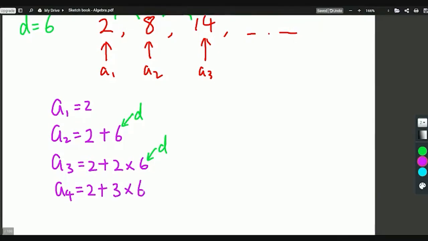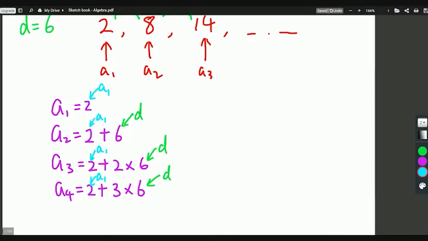Again, this 6 is also the common difference here. So what we are doing is adding the common difference to the first term. This is our first term.